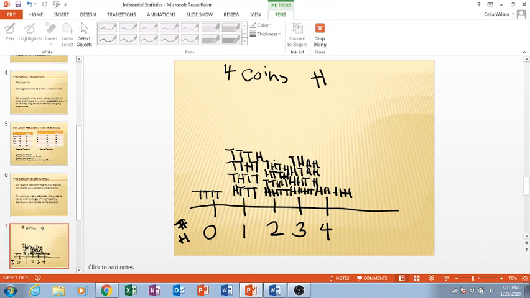Oh, I could do head, tail, head, tail. 1, 2, 3, 4, 5 possibilities. So there's got to be 1 more. Head, head, tail, tail.